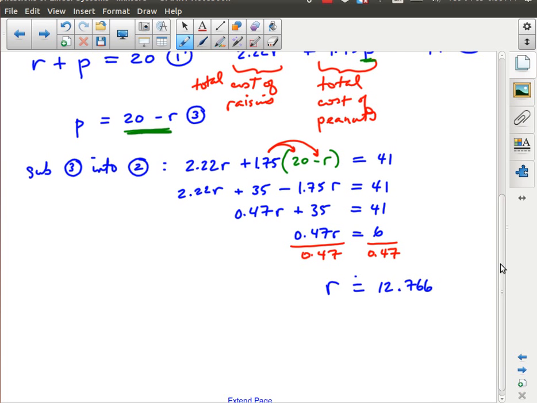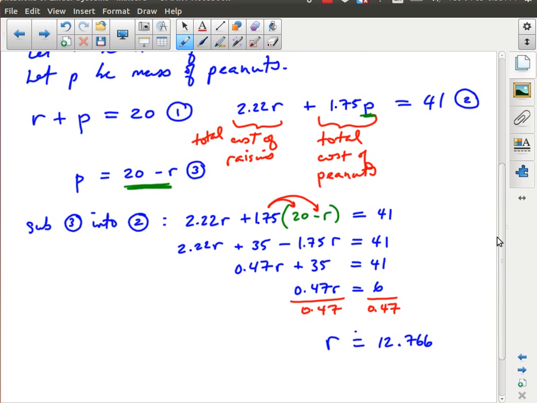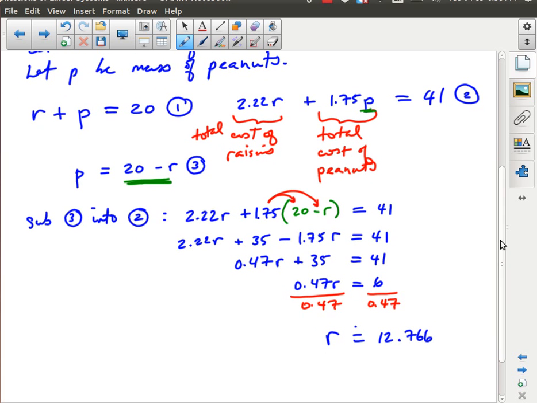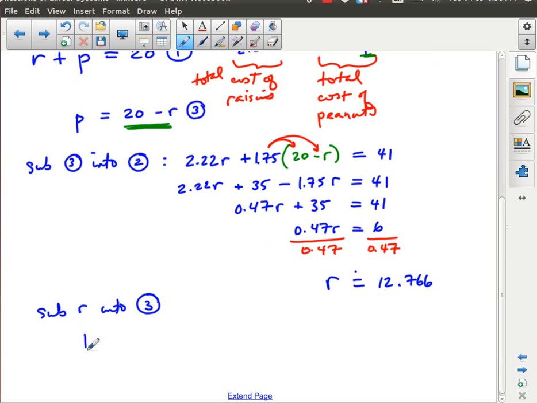And then from that, I look back. How am I going to use this value to find P? Well, equation number 3, so I'm going to sub R into equation number 3, because equation 3 is already written. P equals 20 minus, but instead of R, I'm going to replace it with 12.766.